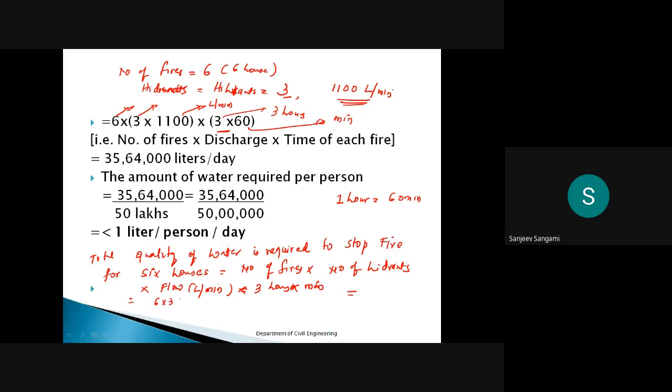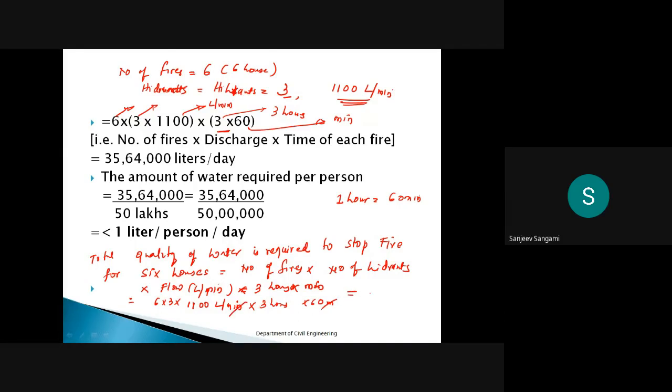6 into 3 into 1100 liters per minute, then multiplied by 3 hours, which we are converting into 60 minutes. Then the minutes get cancelled here.